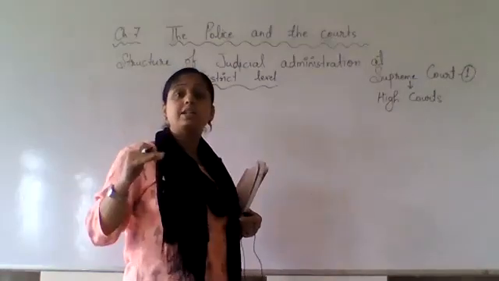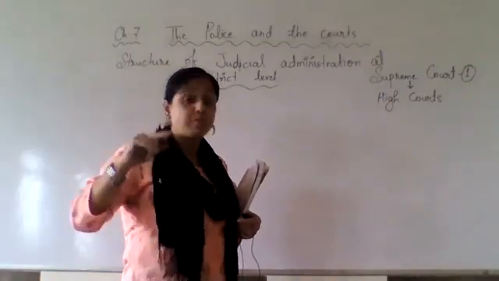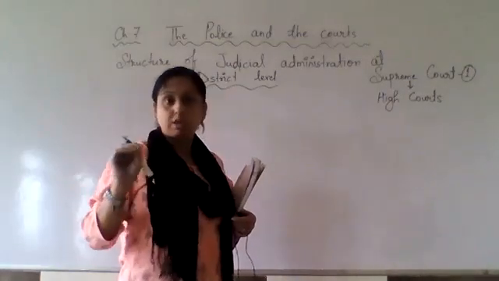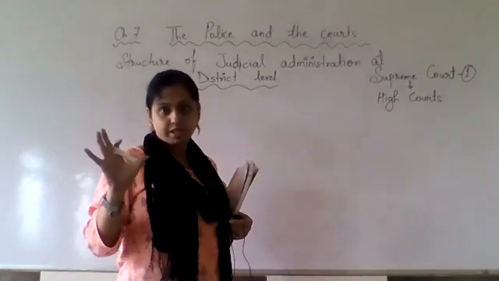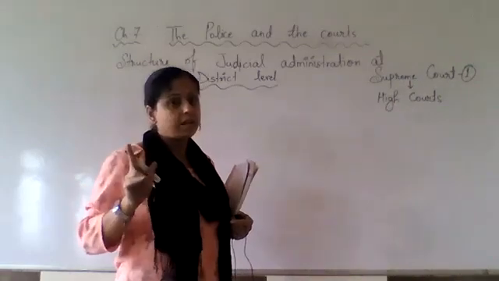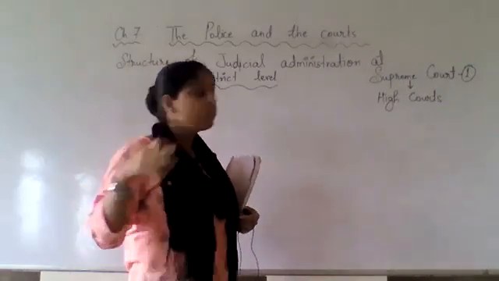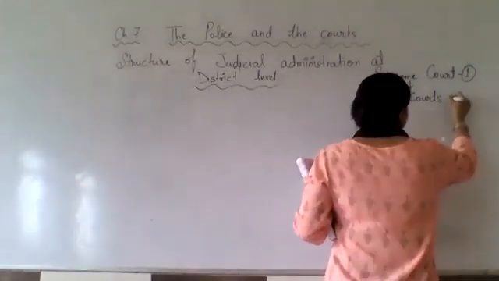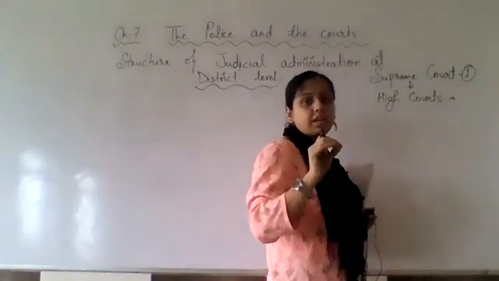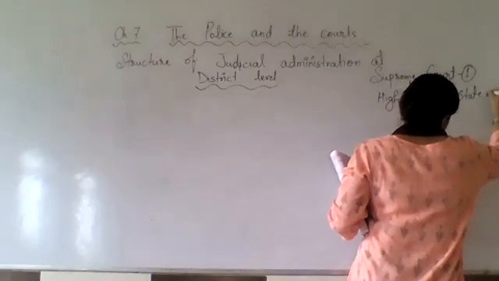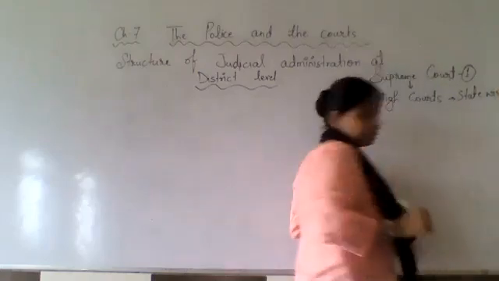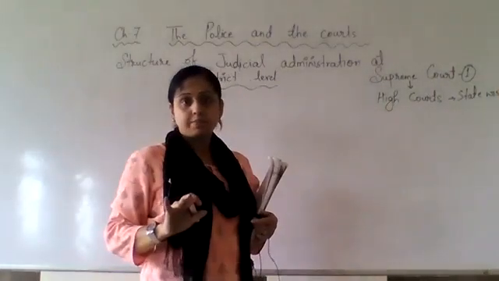And under that we have high courts in every state. Some of the states have combined high courts, that is also the scenario. So generally state wise we have a high court. Till here everyone knows.